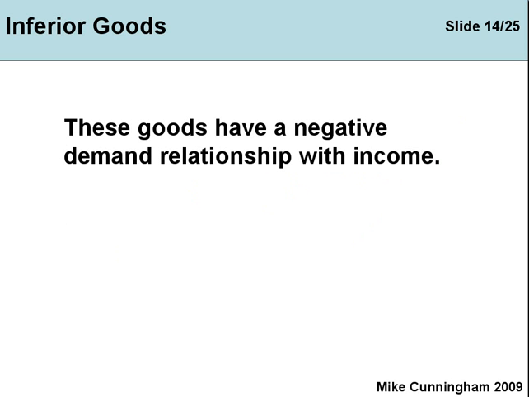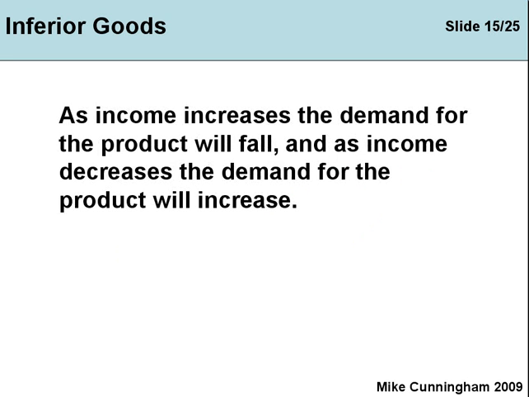Inferior goods have a negative relationship with demand. As income increases, the demand for the product will fall, and as income decreases, the demand for the product will increase. Again, nothing to do with the physical attributes or the quality of the good. It just means it's a relationship between income and the amount sold as income changes.